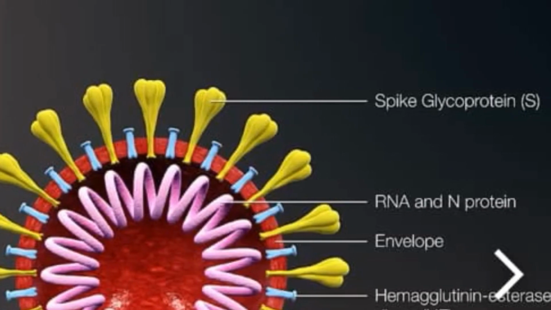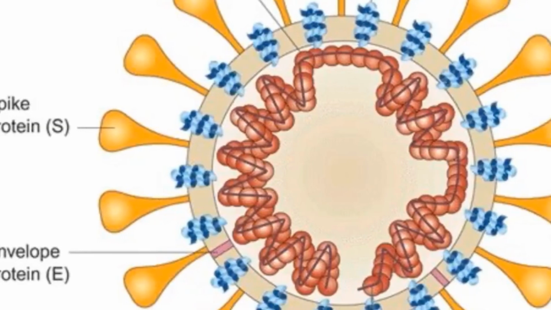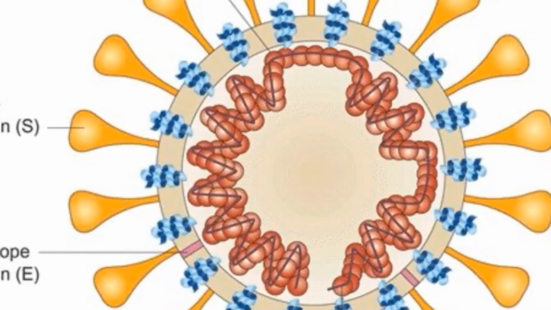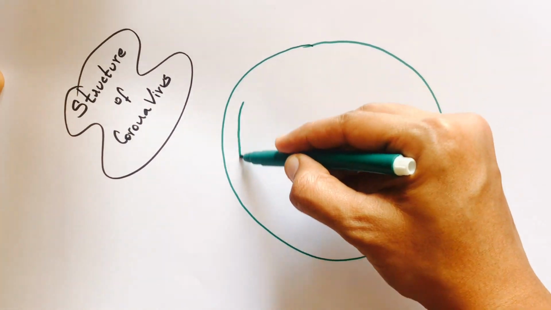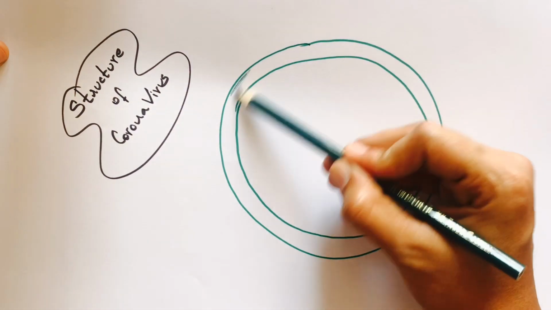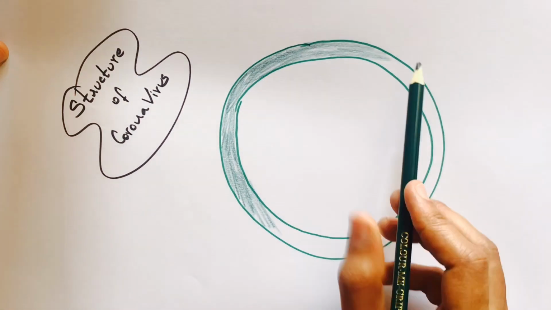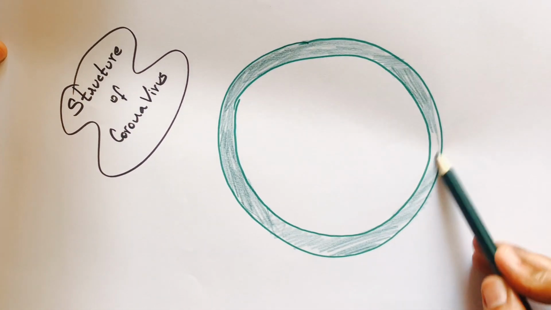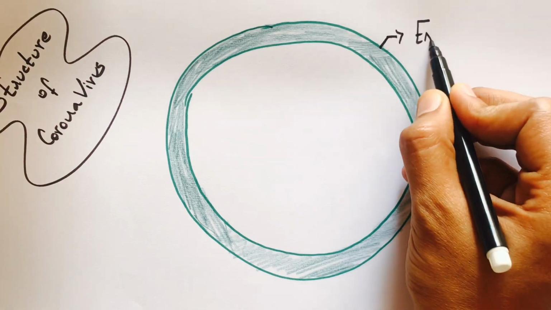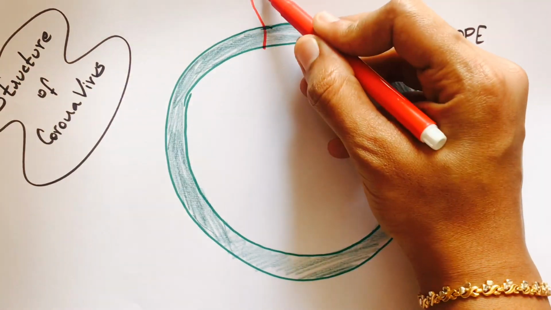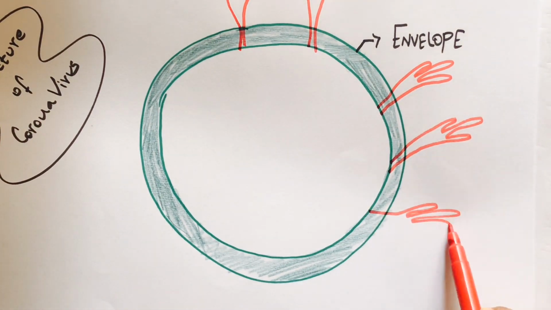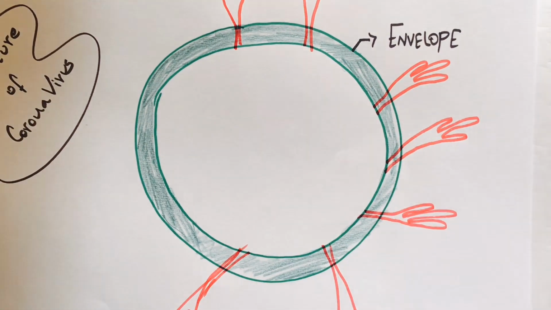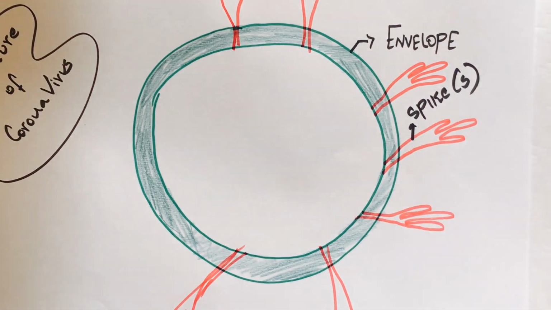So what is the structural difference between this novel coronavirus 2019 and SARS coronavirus? Let's take a look at the structure of a normal coronavirus. It has an outer covering called the envelope, and in this envelope there are numerous spike-like projections, which are named S protein or spike protein.